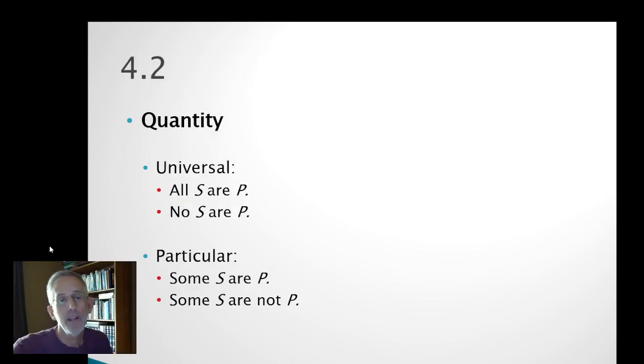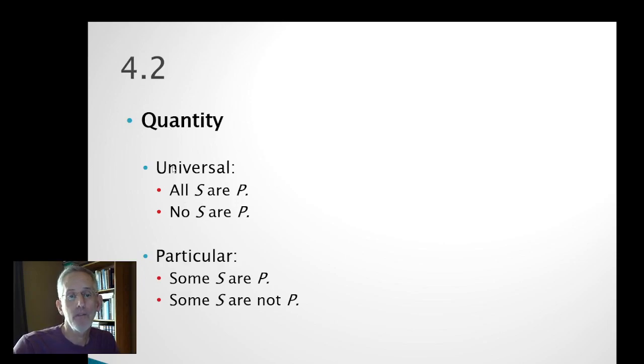And then quantity, that's easy. We're talking about the quantifier here, the word that's at the very beginning of the proposition. The quantity for an all S are P proposition is universal because it's making a claim about every member of the S class.